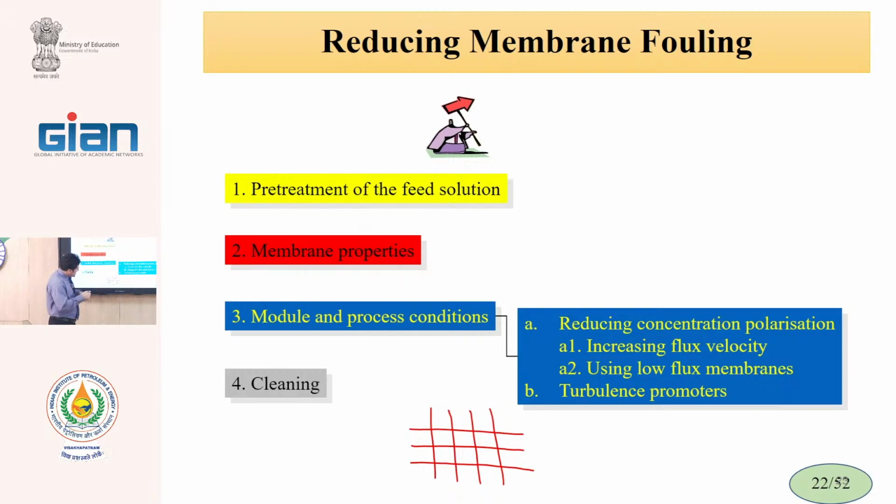Between two membranes, we can produce this feed spacer such as this one. With change of this angle, the turbulence can be changed, okay? Therefore, the design of the module can be very important in membrane fouling.